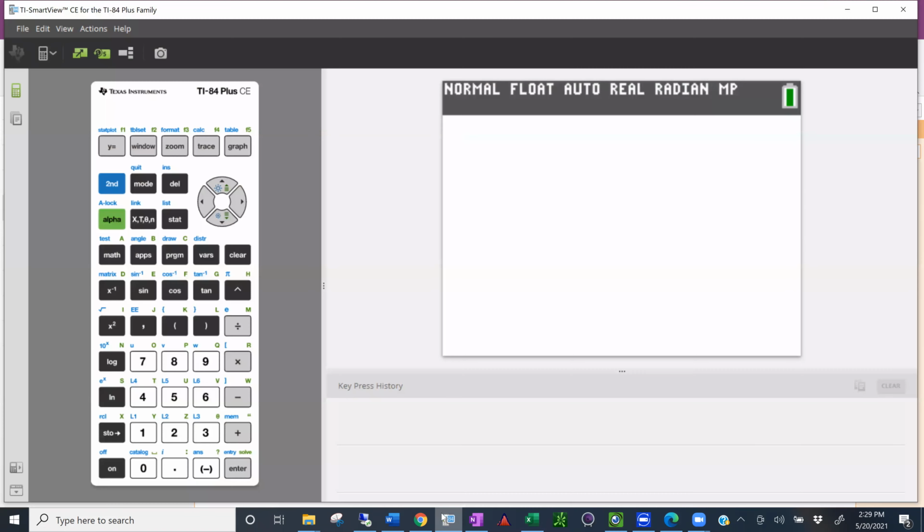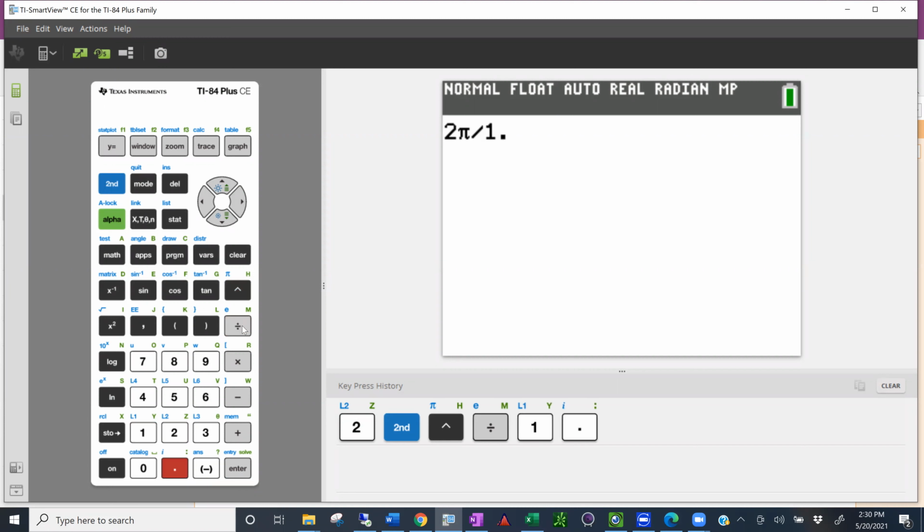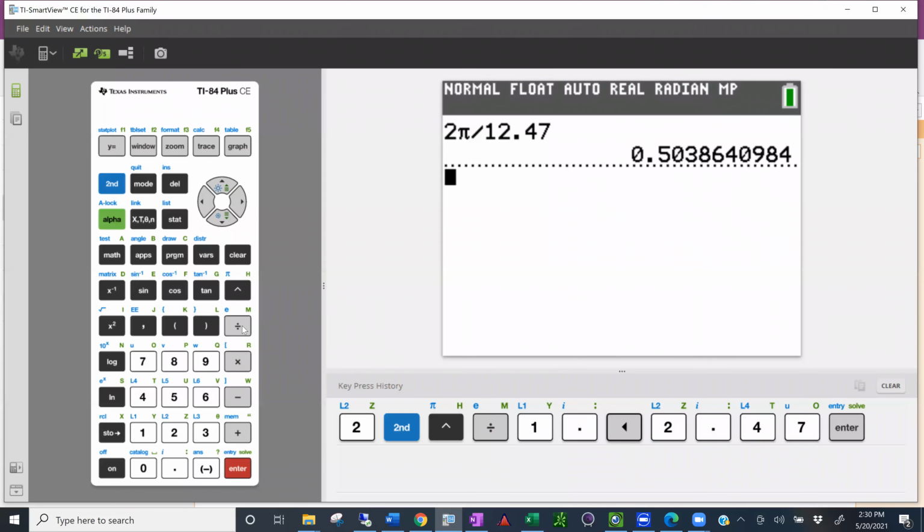Do that on a calculator. Actually, I said divide it into pi. We should divide it into 2 pi. 2 pi divided by 12.47 is about 0.504. So we'll go with it there.